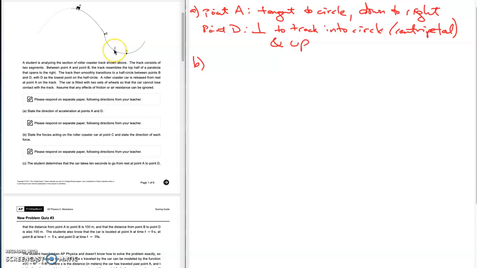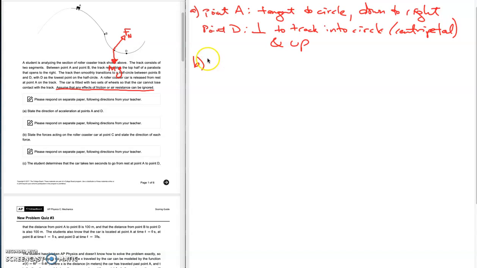So if we draw a free body diagram at point C, we're going to have the weight downwards, and then perpendicular to the circle, we're going to have the normal force from the track. Now what about friction? They very kindly turned off friction and air resistance for us.